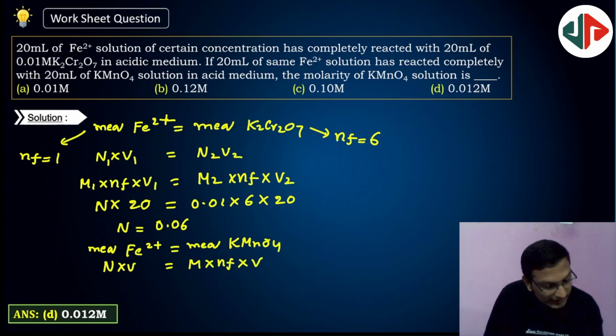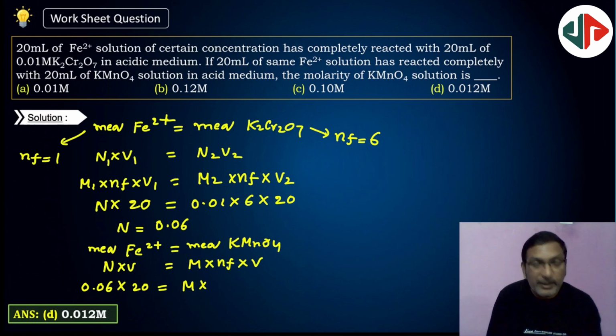So normality of Fe2+ 0.06 into volume 20 ml equals molarity, which we should find, into N factor of KMnO4 in acidic medium, which is 5, into volume 20 ml.